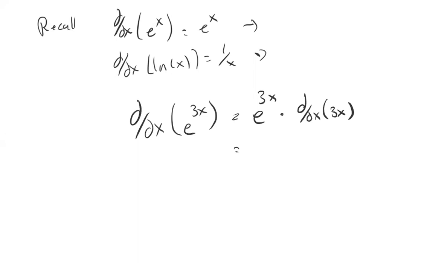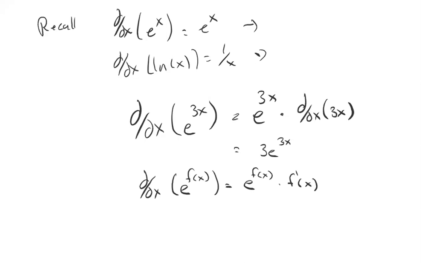And so that ends up being 3e raised to the 3x. In generality, the derivative of e to a function of x is e to that same function of x times the derivative of that function of x.